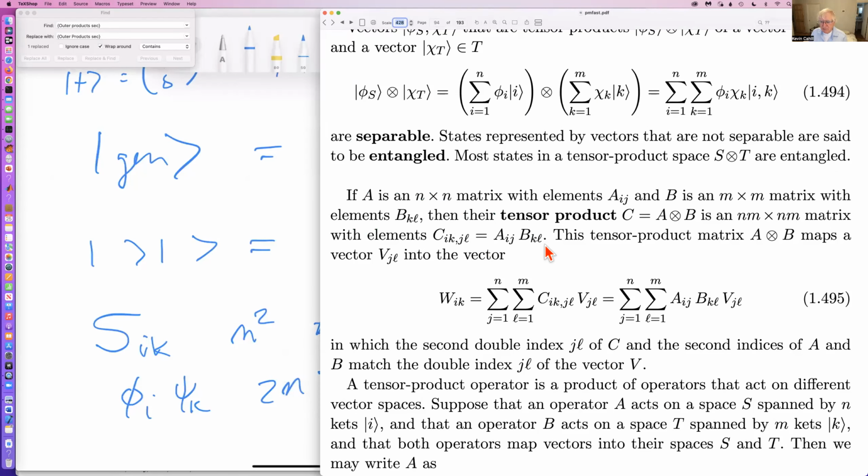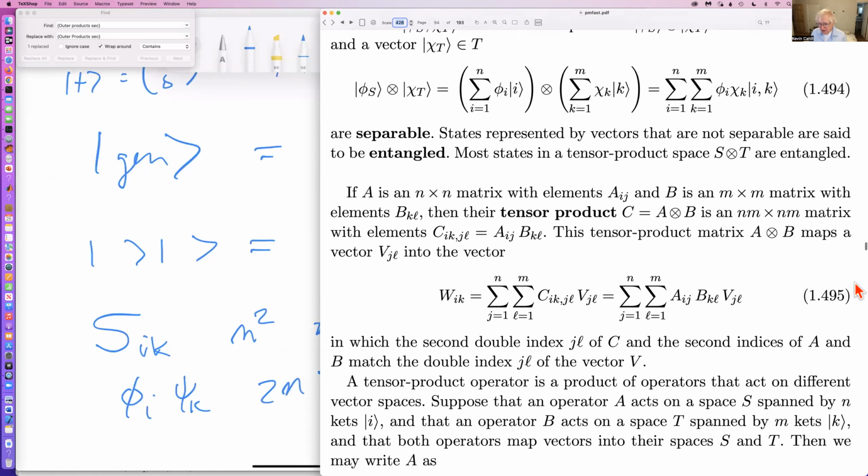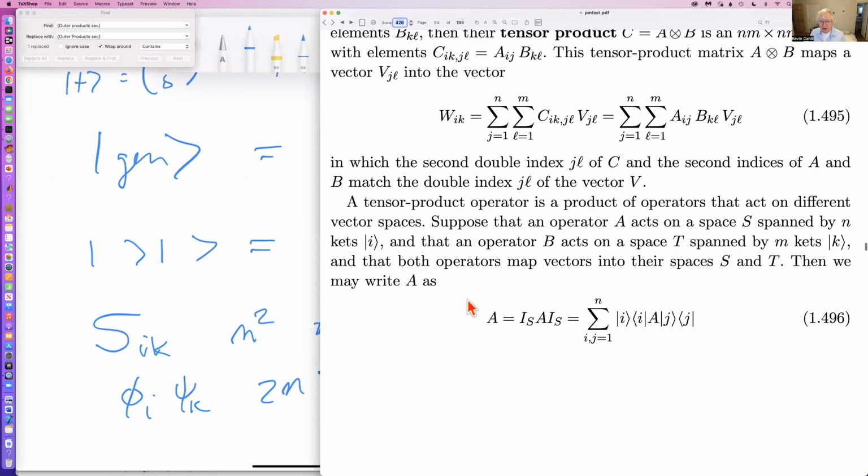Then you can make a matrix operating on this tensor product space, and one way is to make it a tensor product of the two matrices. So you have W acting on this tensor product, matrix acting on V turns it into A_ij, B_kl, and that's the W_ik element.